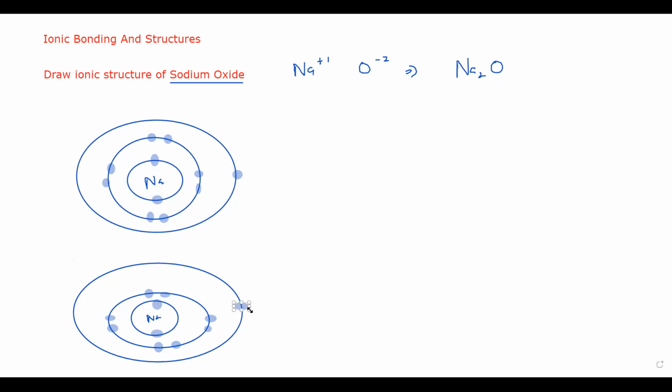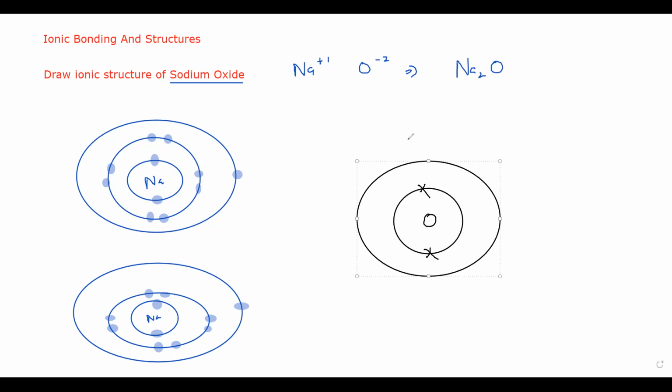Then we draw only one oxygen atom, which has 8 electrons. It will have 2 in the first shell and 6 in the second shell, because the total is 8 electrons.